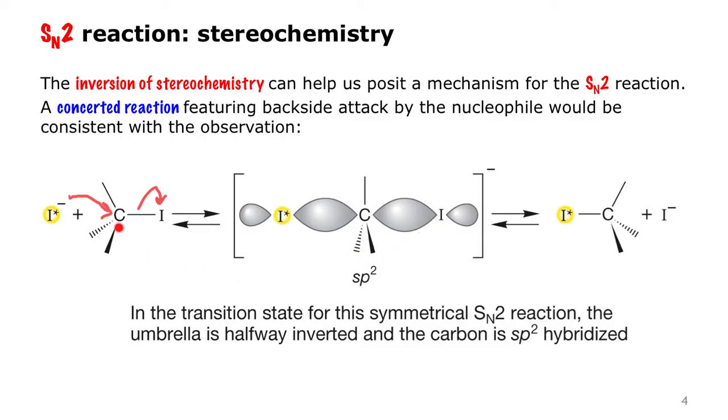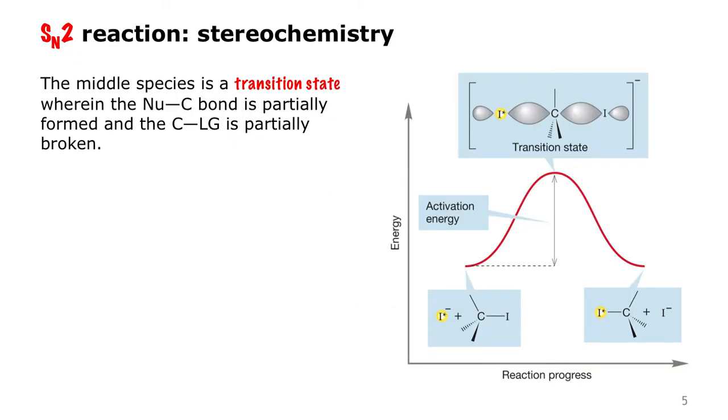And the carbon essentially at that point is sp2 hybridized. So these additional bonds are arranged in a trigonal planar fashion. And the structure is essentially kind of turning inside out, kind of like an umbrella turning inside out in the wind. So putting that onto a potential energy diagram, we would see something like this, where we have our nucleophile and substrate. We would have to climb an energy hill to form this high energy transition state.